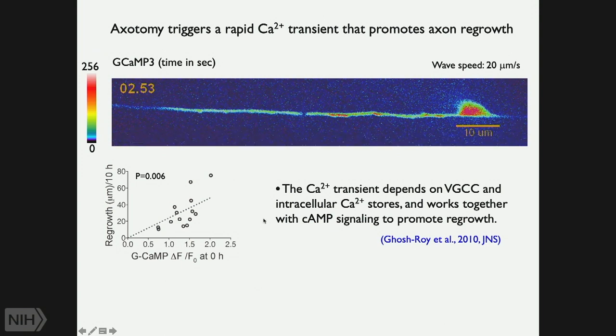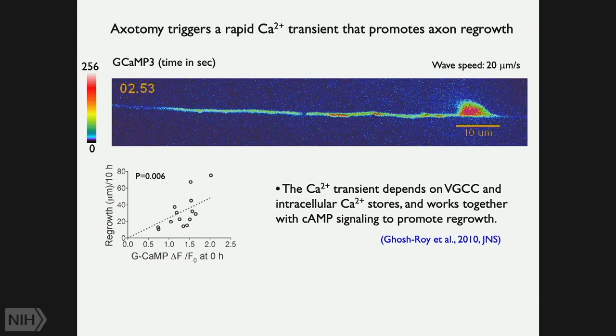This is also very spontaneous, but we can measure the transient amplitude at the cut site against total growth extent, where we see a positive correlation, suggesting the calcium transient that comes with the injury likely contributes to the injured axon's regrowth.